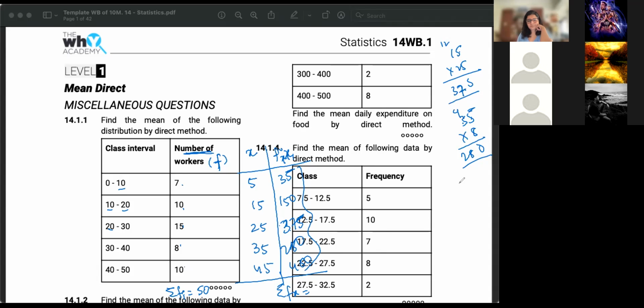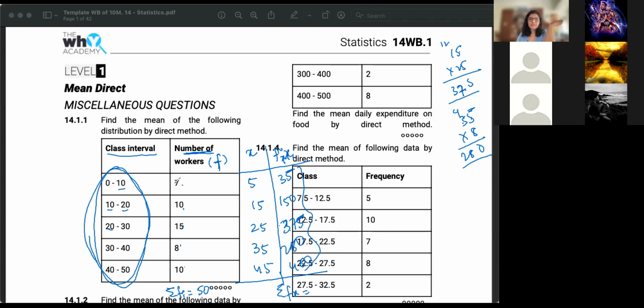And here, do we need to round it up because number of workers are not in decimal, right? Number of workers are not in decimal. You shouldn't get frequency in decimal ever. No, the mean. So this is your observation, and you are finding its mean, whatever this value is. Here the information is not given, but it could be the number of hours that a particular worker is working.